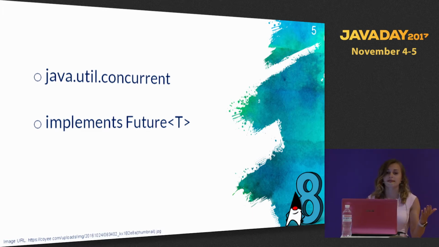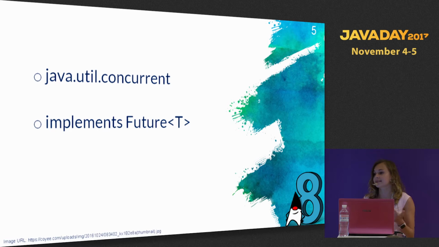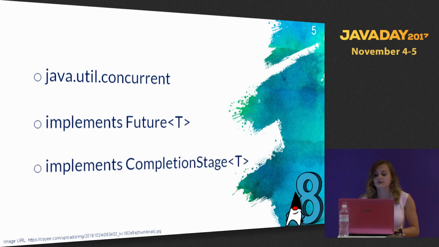It also implements isDone, cancel, and isCancelled. I'm not going to be diving into that because that's not the topic here, but it's a problem. This is not enough. Thus, it also implements interface CompletionStage, at which we are taking a closer look right away.